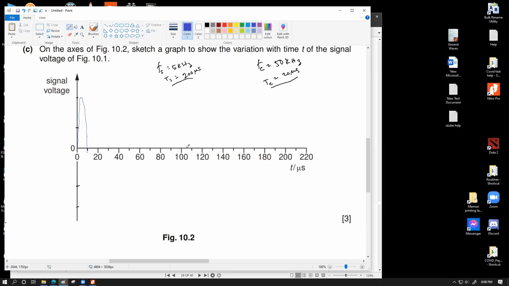The crest of the carrier wave should align with the lowest amplitude. So there should be a gradual decrease over here, and then a gradual increase all the way up to 200, which means the cycle that I'm going to draw at 200 is going to be as tall as the first cycle.